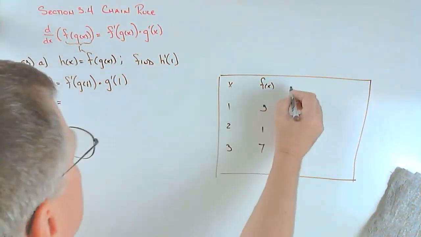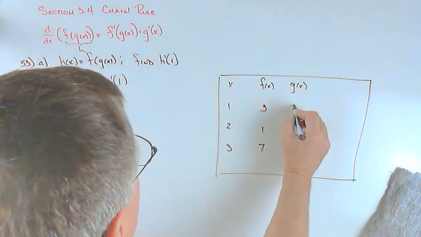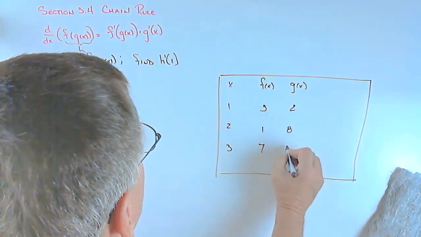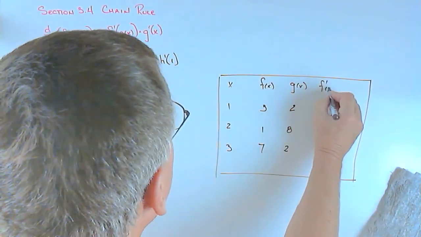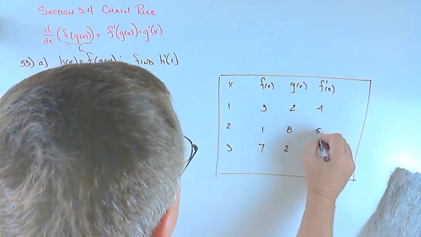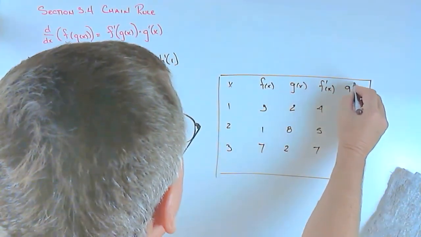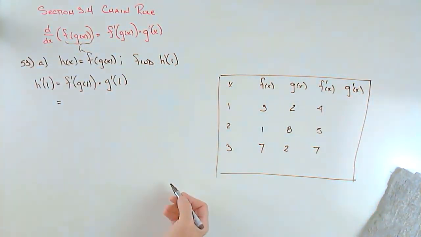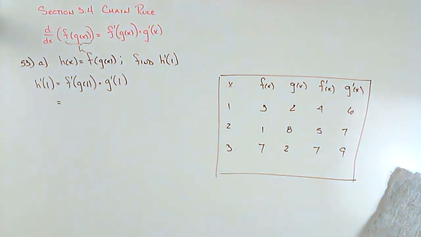Then g of x, and we have 2, 8, 2. Then f prime of x, and we have 4, 5, 7. And then finally g prime of x, and we have 6, 7, 9. So this is given to us in the book.